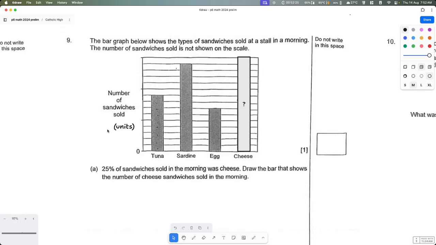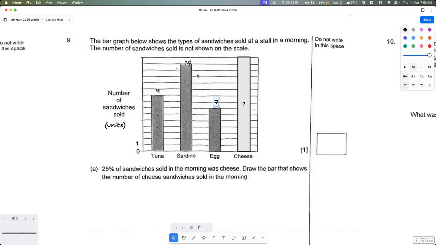So number of sandwiches, I'm going to put here as units. We can just count. This is like 1, and so forth. So 1, 2, 3, 4, 5, 6, 7, 8, 9. So this is 9 for tuna. Then 10, 11, 12, 13, and 14. So this is 14 for sardines. Then egg is 1, 2, 3, 4, 5, 6, 7. So this is 7.